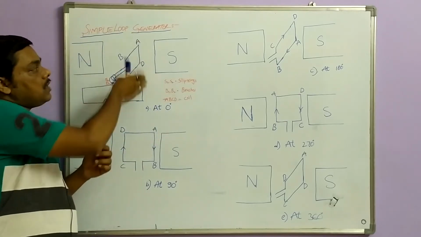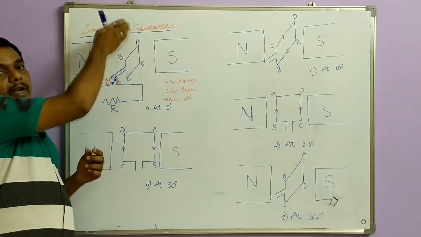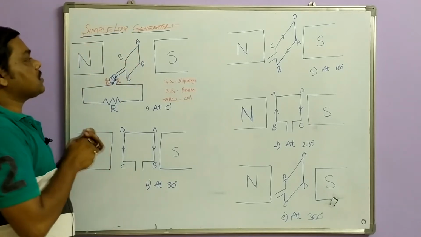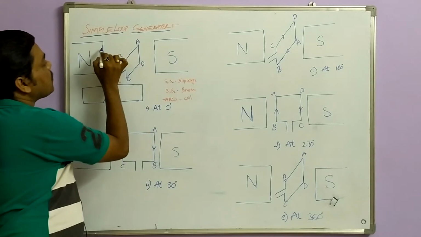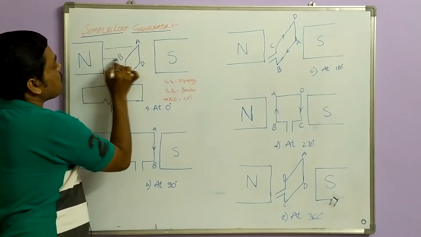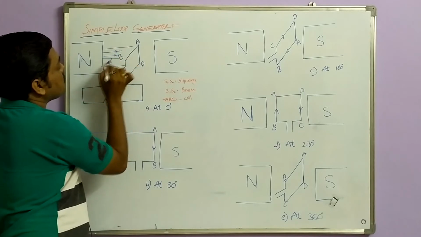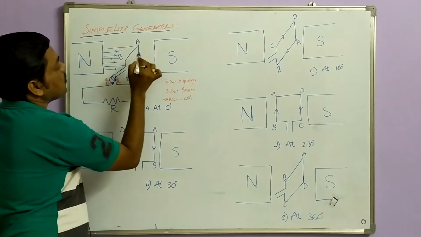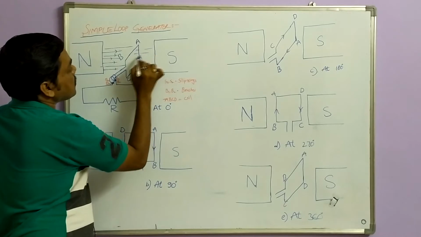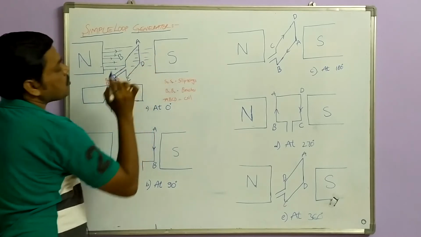Now your coil is in vertical position and the flux is flowing from the north pole to the south pole. Always flux flows from north pole to south pole.